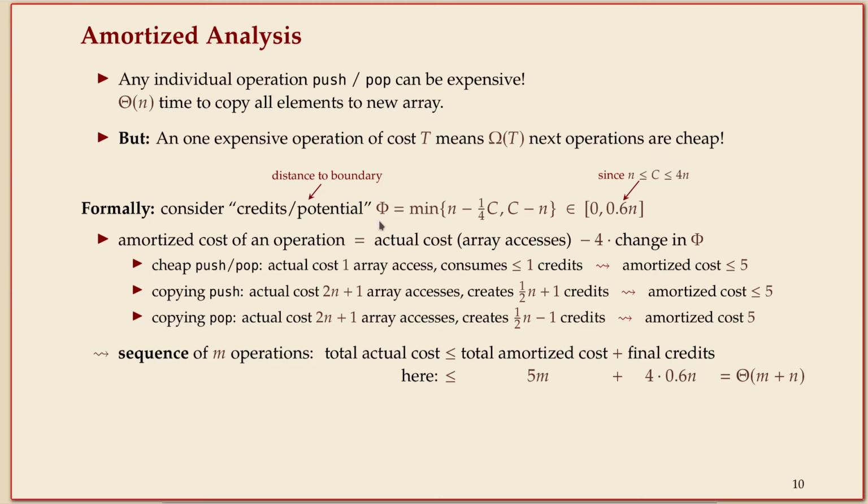So the idea is we define a quantity that we can offset real costs against. If we pay a lot now, we want the potential to cover that for us. And if we pay a little now, we want to build up potential. There's two ways to look at it. One is the credits world. That's borrowing, right? It's the North American world.